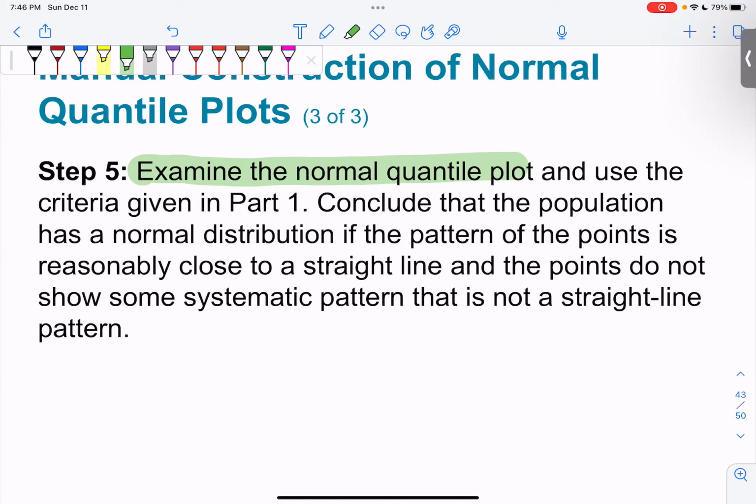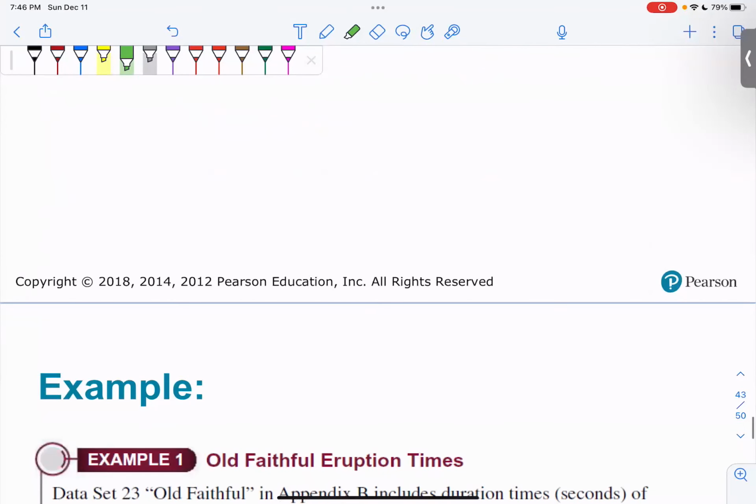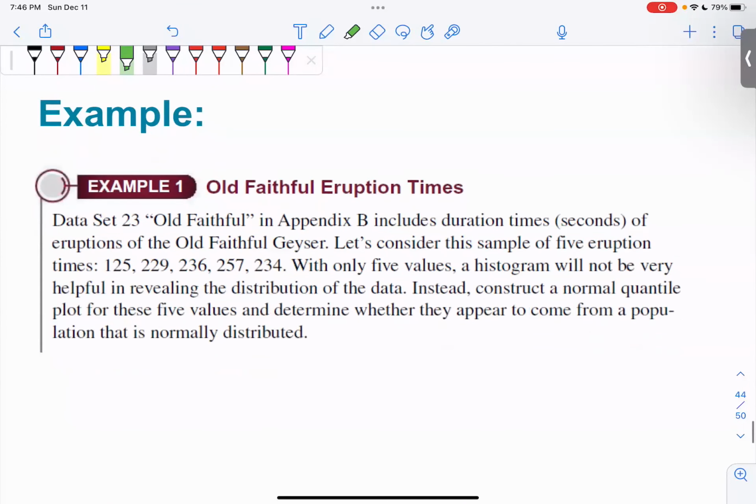So if we have those two conditions, the first condition, the dots close enough to the straight line, and the second condition, those dots distributed randomly around this straight line. So let's see this example in your book.